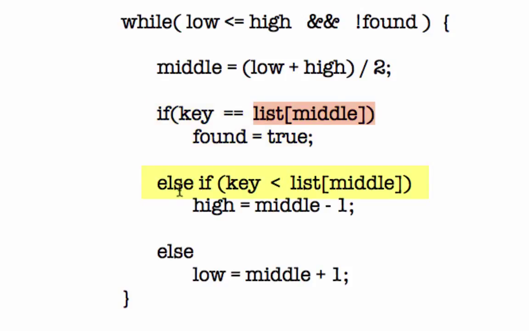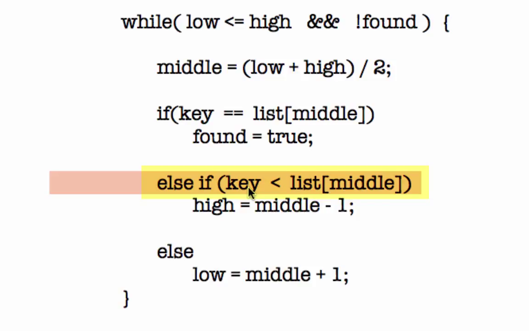And that's exactly what I'm doing here. I'm saying, let me find out if the value that I'm looking for is less than the value that I just looked up in the middle. In other words, let me decide if key, the value I'm looking for, is likely to be found in the first half of my sorted array.